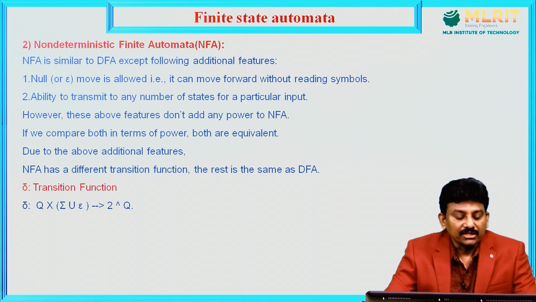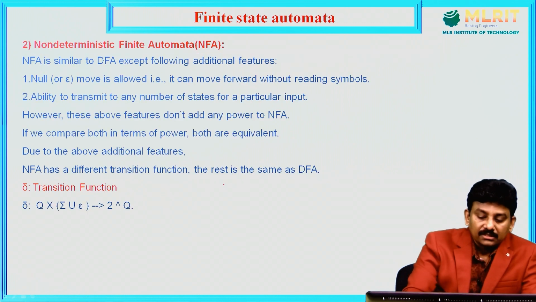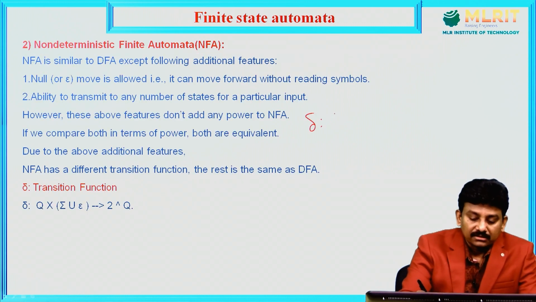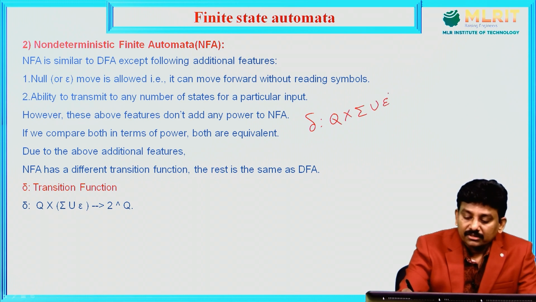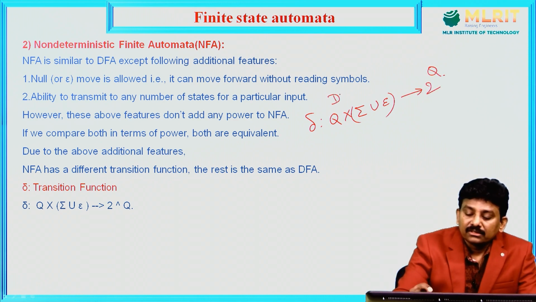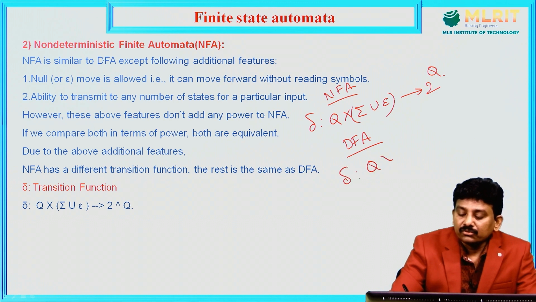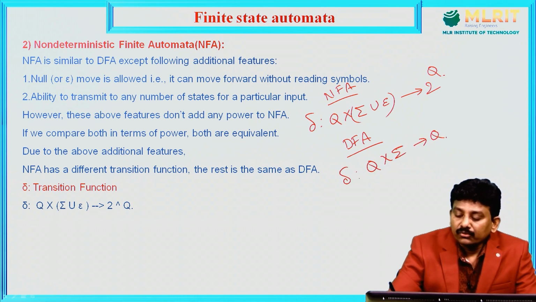Due to the above additional features, an NFA has a different transition function; the rest is the same as a DFA. Delta is the transition function Q cross sigma union epsilon, because epsilon is allowed in an NFA, going to 2 power Q. This is the NFA transition function. The DFA transition function is Q cross sigma to Q only.